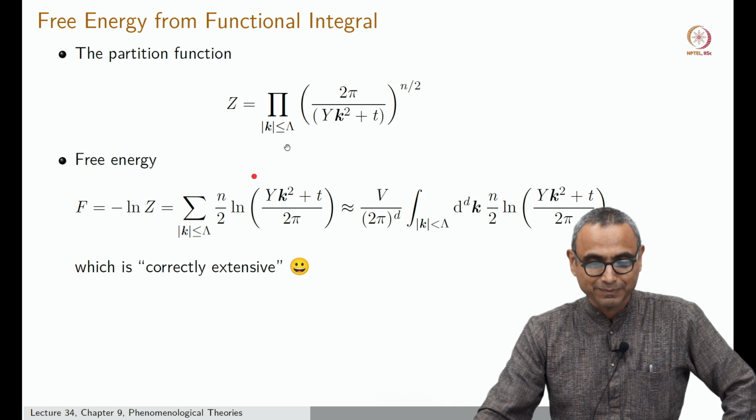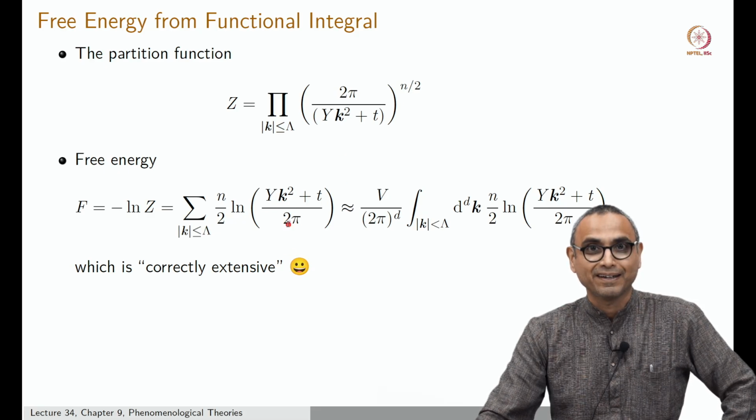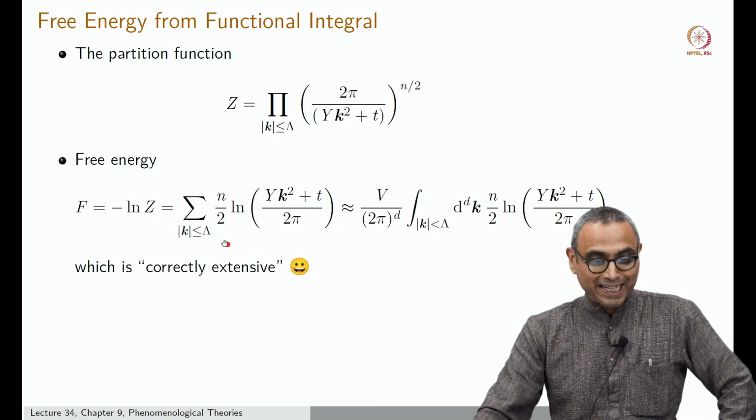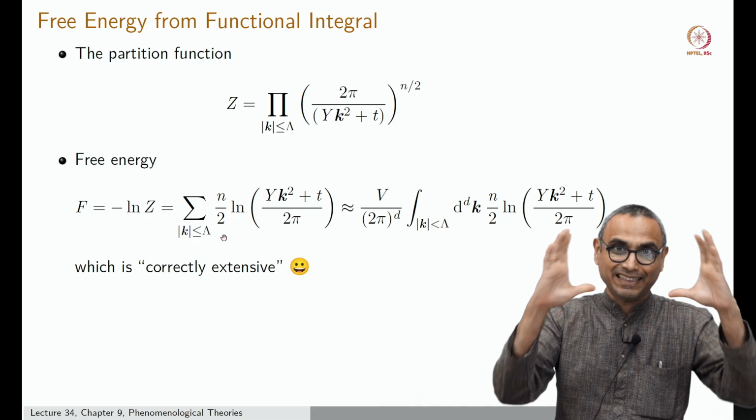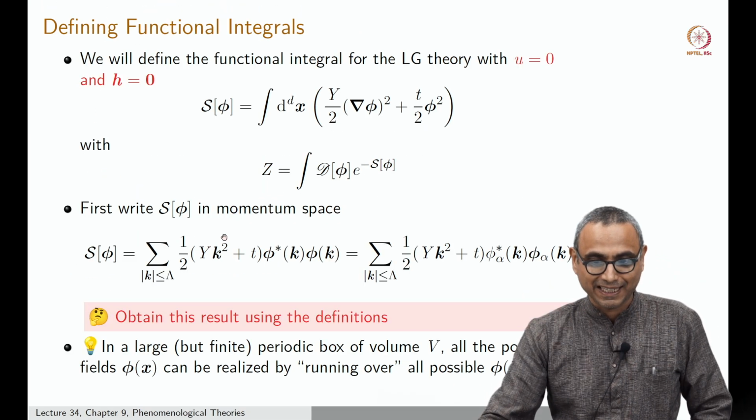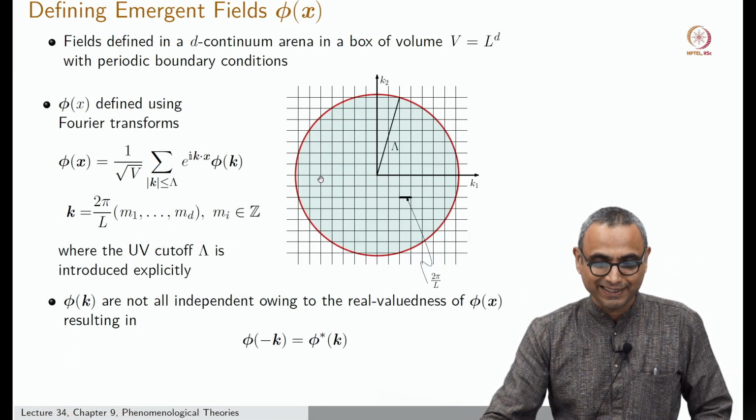So n by 2 shows up here, log of this quantity, then the minus sign will invert this, so you get y k square t by 2 pi. Now this is a sum over all the k points in that picture that I showed. It's a sum over all these k points inside this.